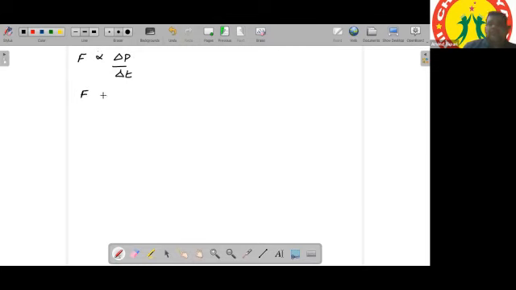So we can write force equals mv minus mu over t, where mv minus mu represents the change of momentum, mv represents the final momentum, mu represents the initial momentum, and t represents the time.